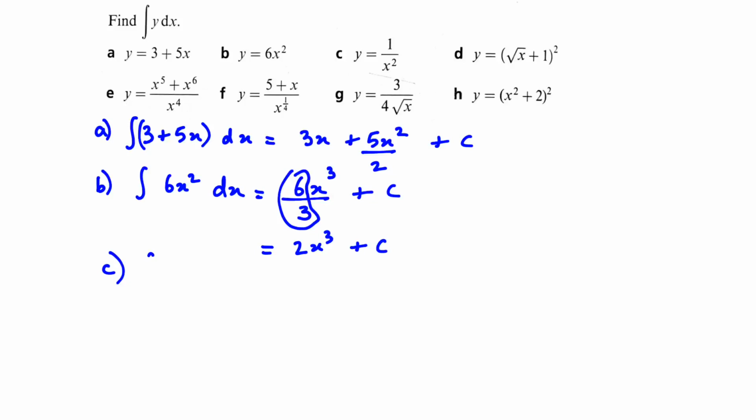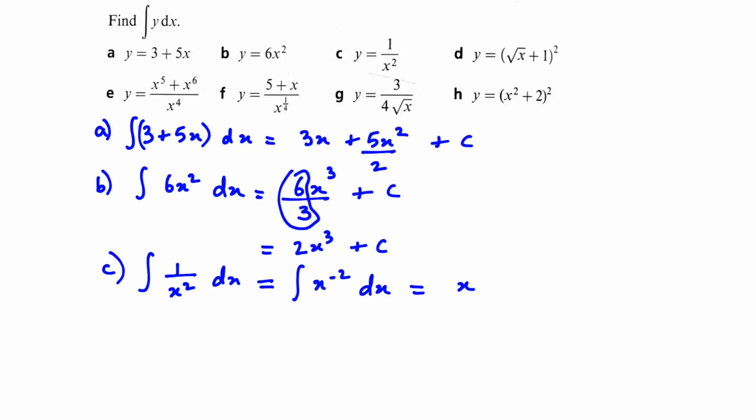Question number 3, we got 1 over x squared dx. You cannot integrate if the power of x is down. So the first thing we will do is bring it up. This is simplification. And now we will add 1 to the power.